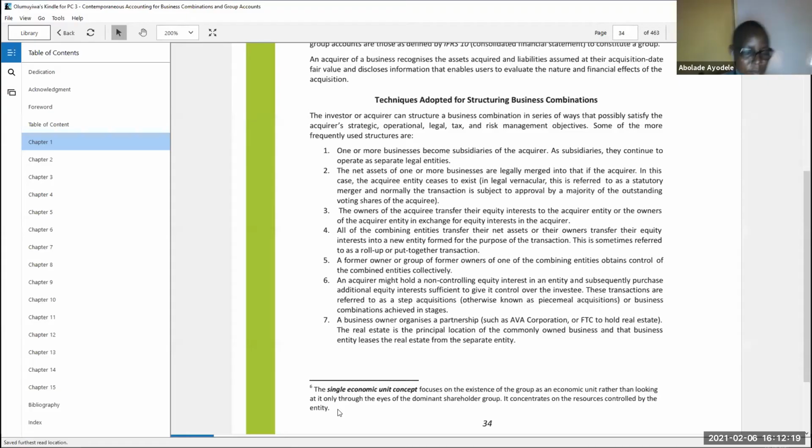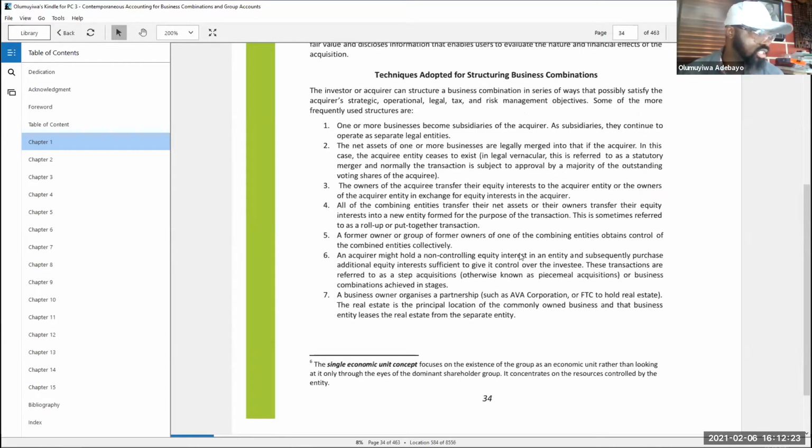Miriam, can you read it again? The single economic unit concept. The single economic unit concept focuses on the existence of the group as an economic unit rather than looking at it only through the eyes of the dominant shareholder group. It concentrates on the resources controlled by the entity. Thank you.